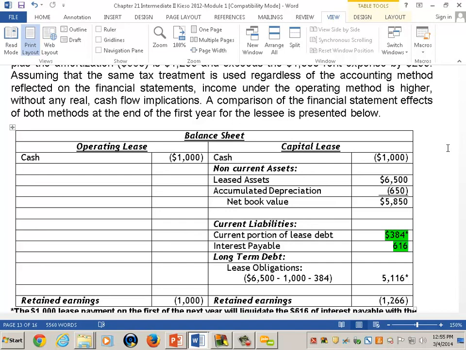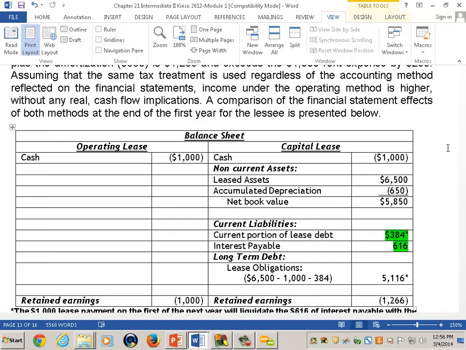Any questions on the balance sheet? And the effect should add up. The asset increase and the liability increase should equal, and equity should be the same.